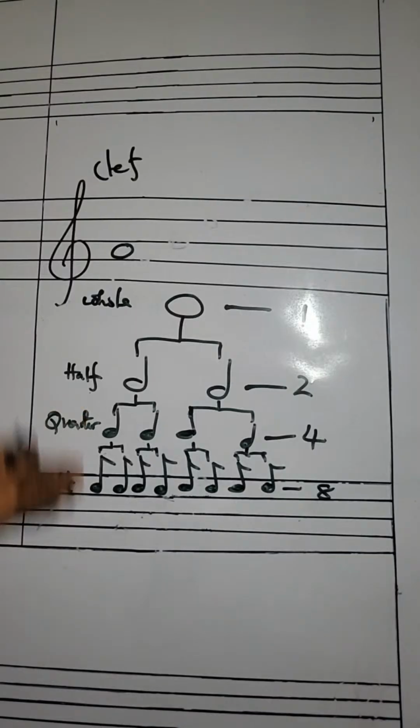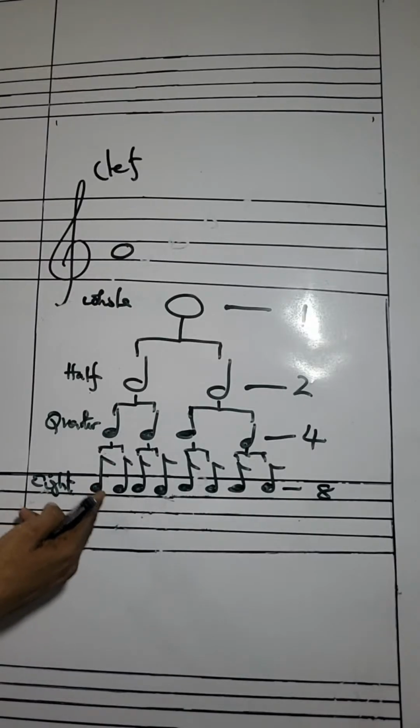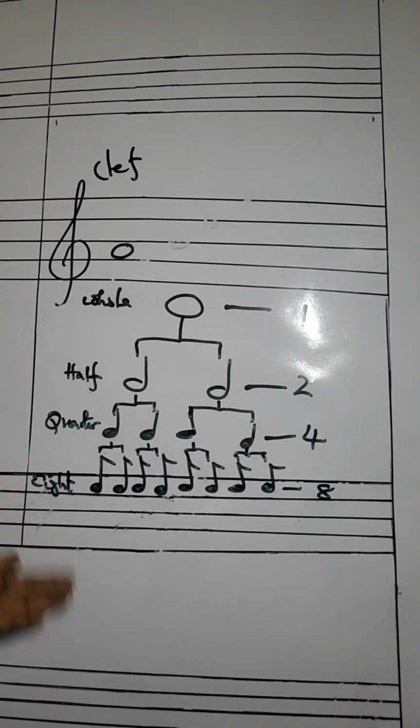You can go further to get the 16th note and the 32nd note. From this illustration, you can still go further. The 16th note is going to be half the value of your 8th note, and the 32nd note is half the value of your 16th note. And I want to believe we understand from that illustration.